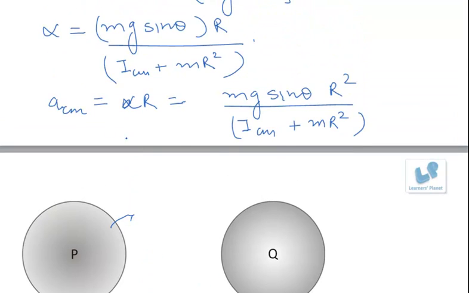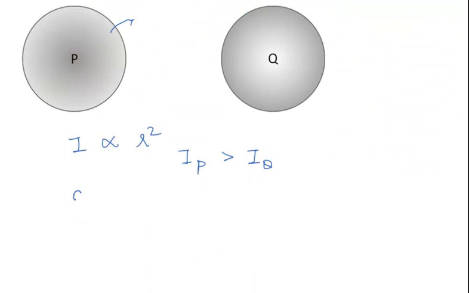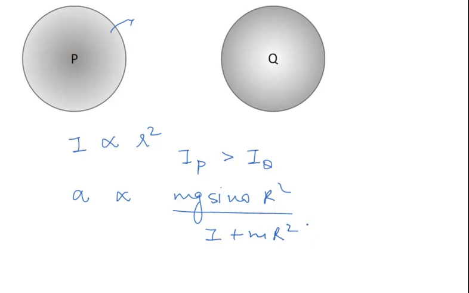Now if we look at acceleration, it is mg sine theta times r square upon I plus mr square. So the value of I is more, the value of a will be less.